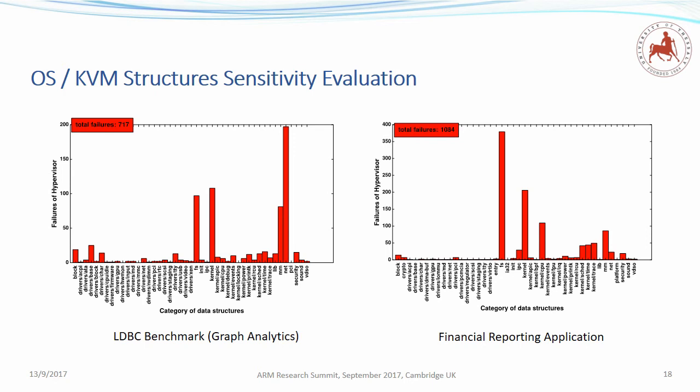You can see here the results for two applications, the LDBC benchmark and the financial reporting application. You can see that the critical parts of the system are relatively few. A bad result is that they are different in the two applications. However, they are different in a predictable way.